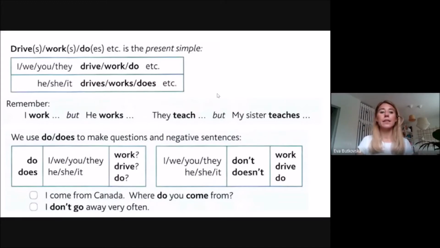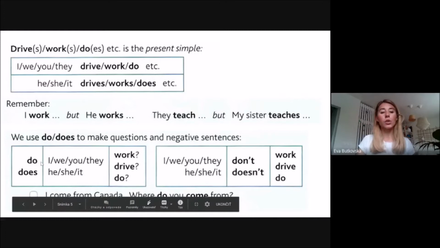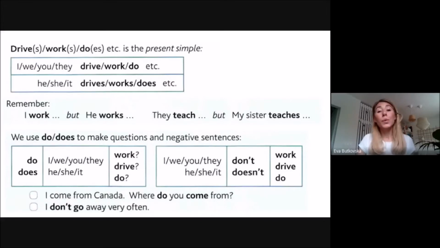So that's the affirmative sentence. So just a simple sentence. But what about negative sentences or questions? We use the helping word do or does. So when we are creating a question, do or does comes first. So we use do, and then comes the pronoun I, you, they, and etc. And then the desired verb. So, do you work every day, or do they drive to work every day?